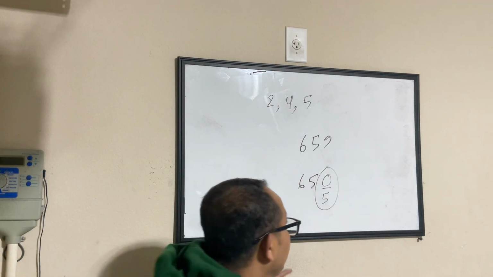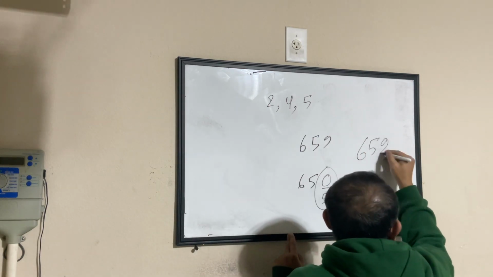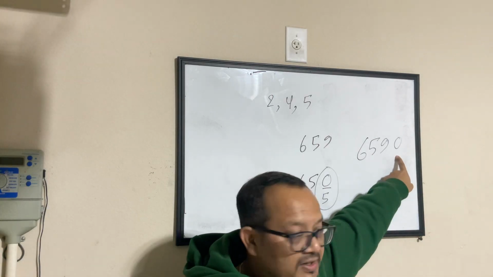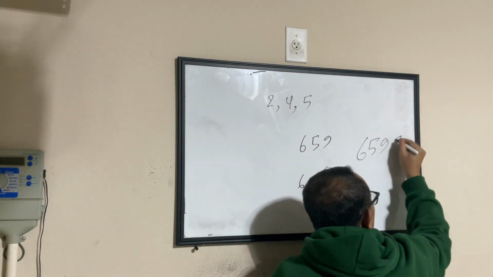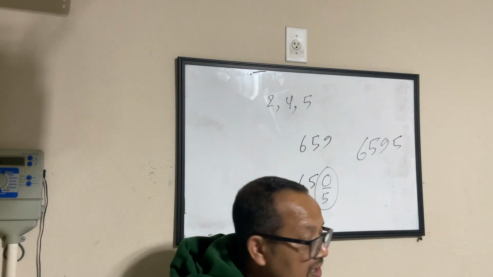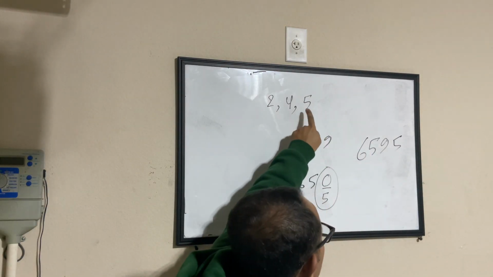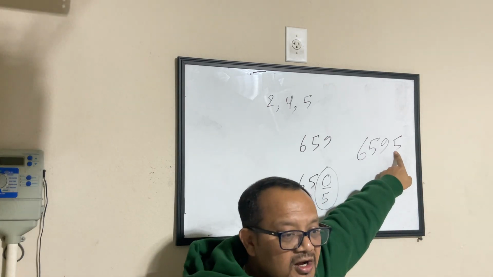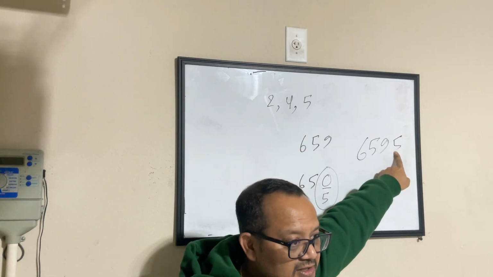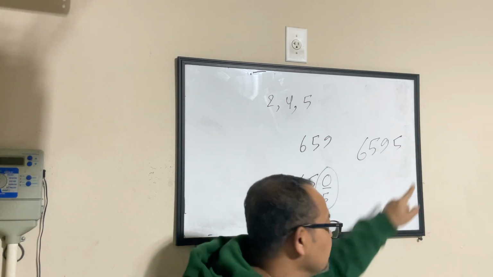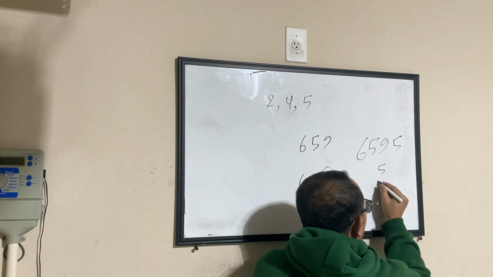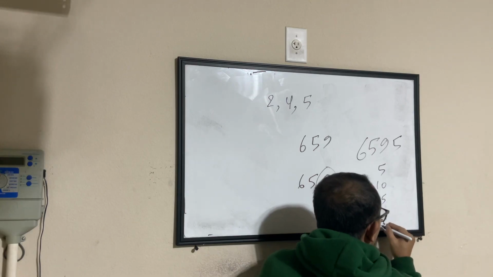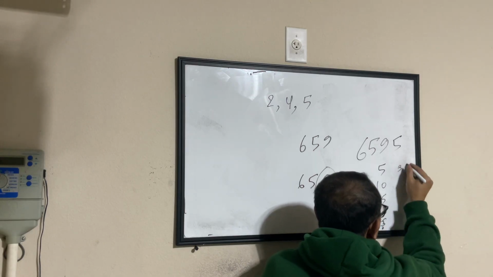If I say 6590, you have a 0 in the unit place, you can divide by 5. If you have 5 in the unit place, you can divide by 5. So for something to be divisible by 5, you have to have either a 0 or a 5 in your unit place. Because you have seen the table of 5. 5 1s are 5, 5 2s are 10, 5 3s are 15, 5 4s are 20, 5 5s are 25, 5 6s are 30, 5 7s are 35.